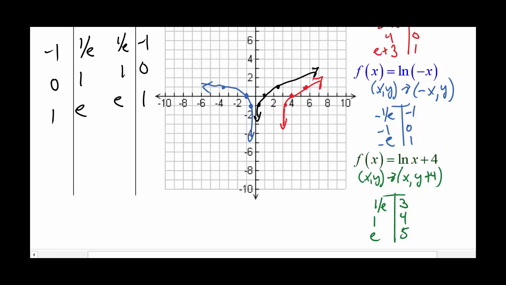And then I just want to plot those points. So 1 over e, 3 is right there. 1, 4 is right there. And e, so that's almost 3, at 5. Alright, so it looks about like that. Okay, so good luck on the homework.